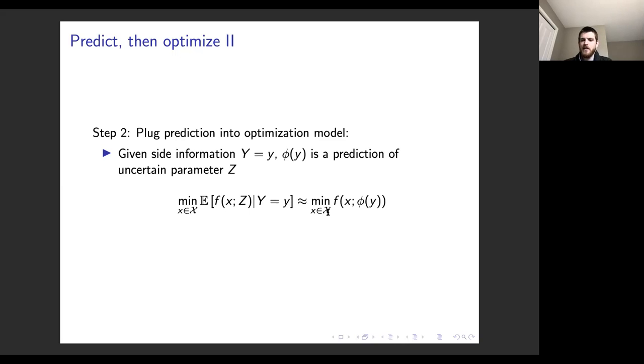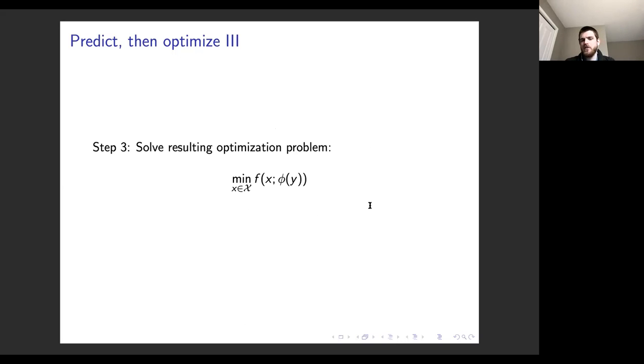That's all this equation here is showing on the right-hand side. I've just taken my optimization problem, removed the expectation, and replaced my uncertain parameter by this prediction. And you solve that problem and you just do whatever action comes out of that.